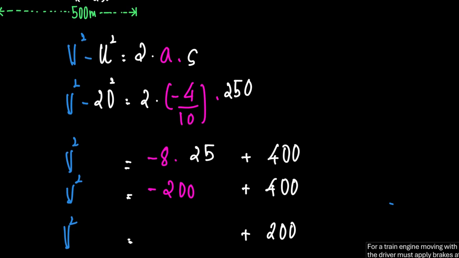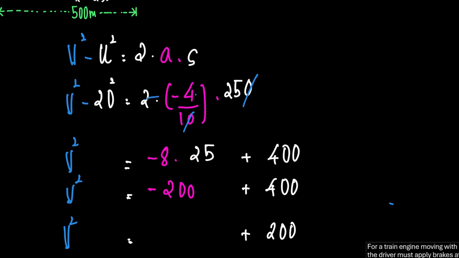Into s given to us is 250. So v square would be equal to 400 minus 200. Why? Because 250 by 10 is 25, 2 into 4 is 8, and 25 into 8 is 200.